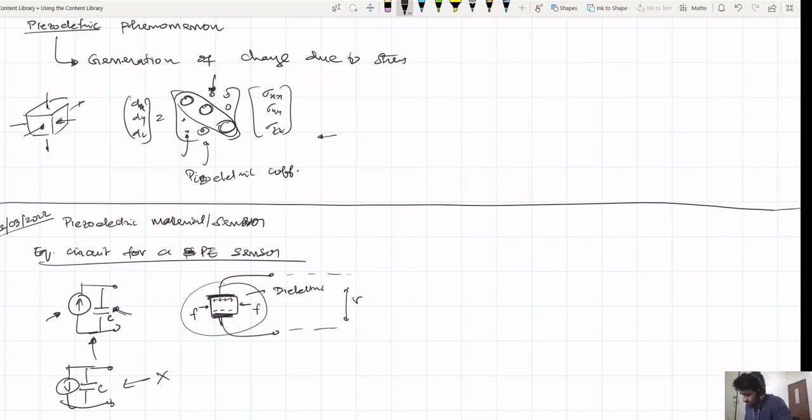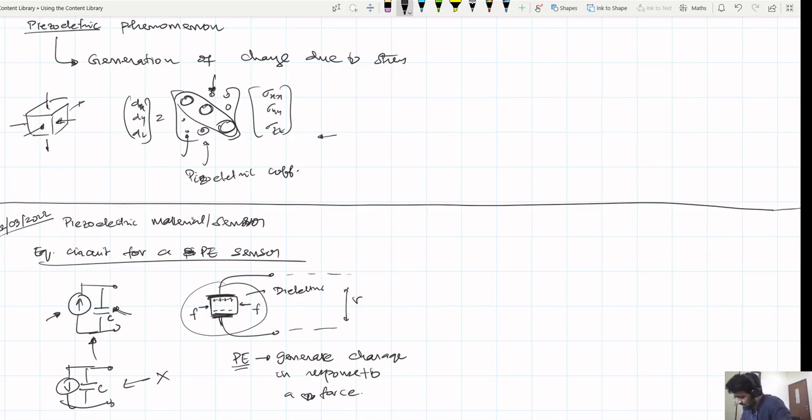That's because your piezoelectric sensor generates charge in response to force or stress, and not voltage.